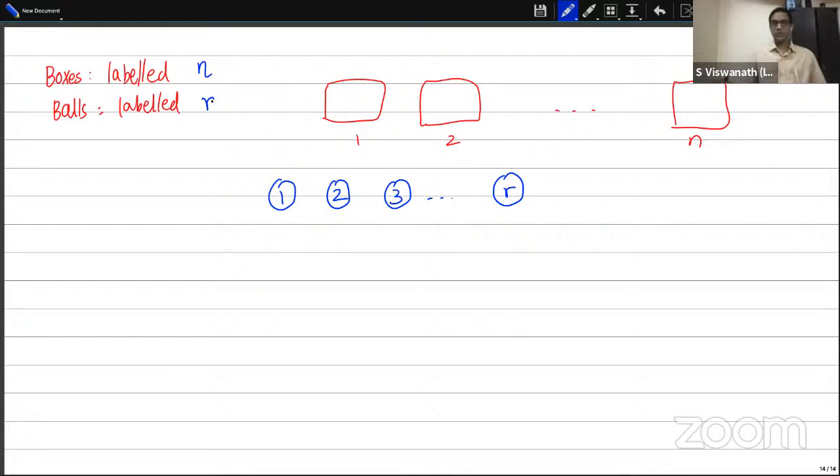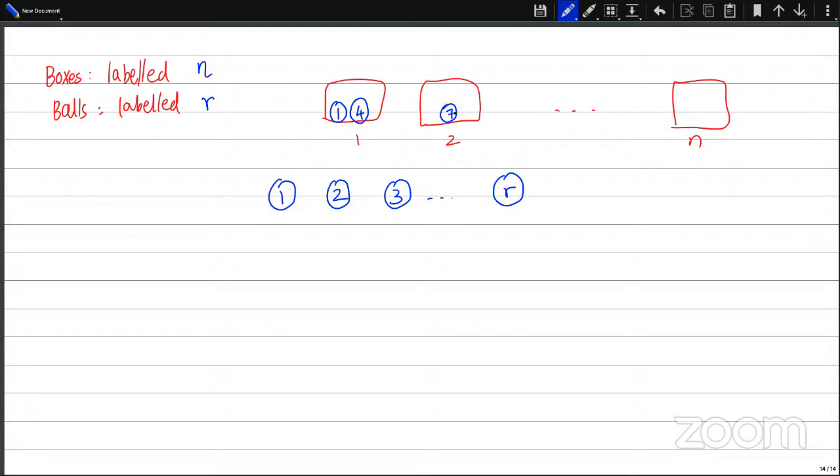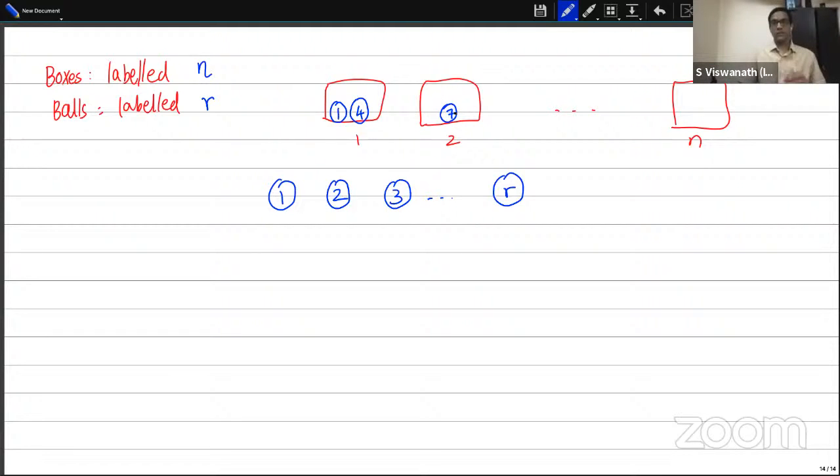It's not like if I put 2 balls in the first and 1 ball in the second, it depends on which balls I put. If I put balls 1 and 2 here and ball 3 here, that is different from the configuration in which I put balls 1 and 4 here and ball 7 here, for example. So the actual ball that is in any given box matters.